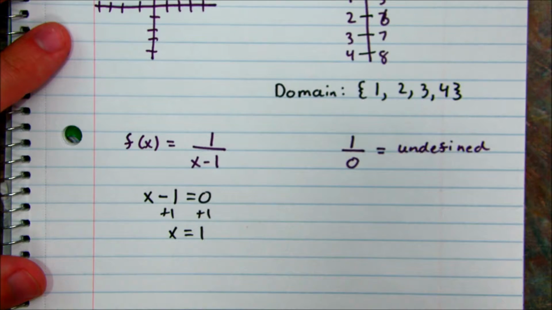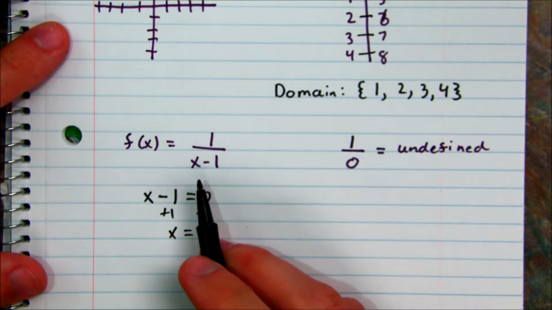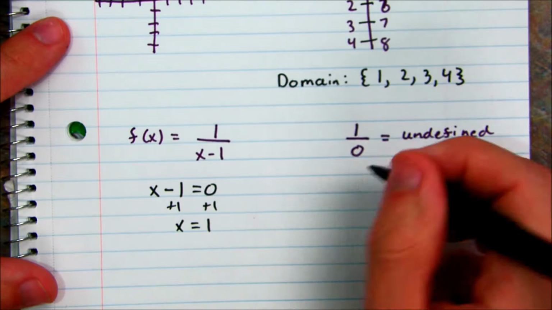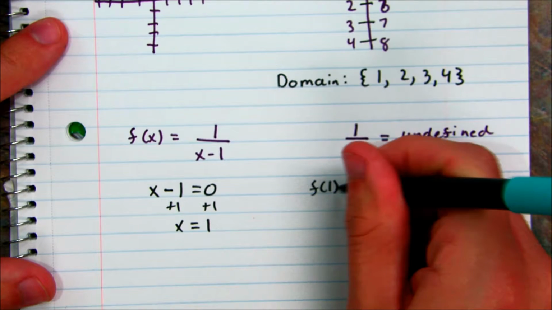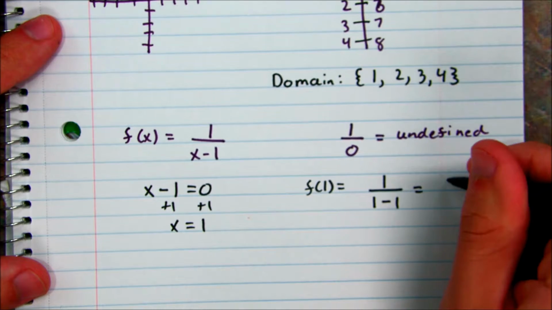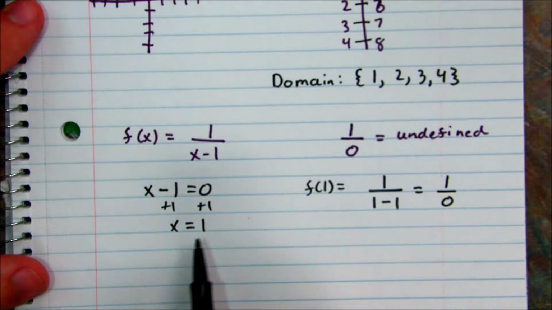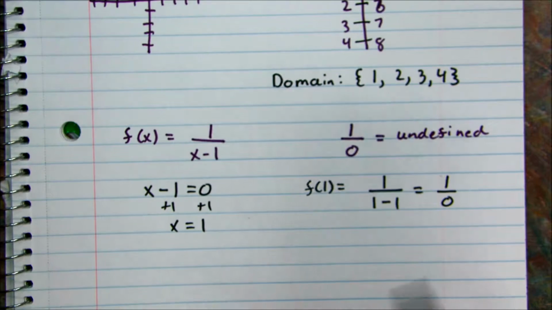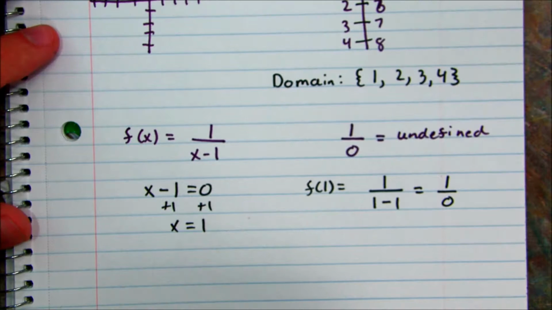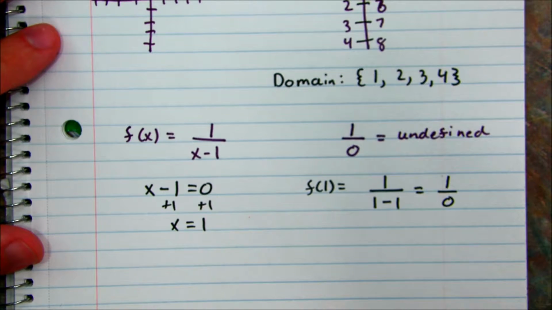Looking here, I know that I cannot plug in 1. Here's why. Let's evaluate it. If I do f of 1, 1 minus 1 gives me 1 over 0. And this is undefined. So the input of 1 doesn't have an output, or has an output of undefined. So we say that this is not part of the domain.